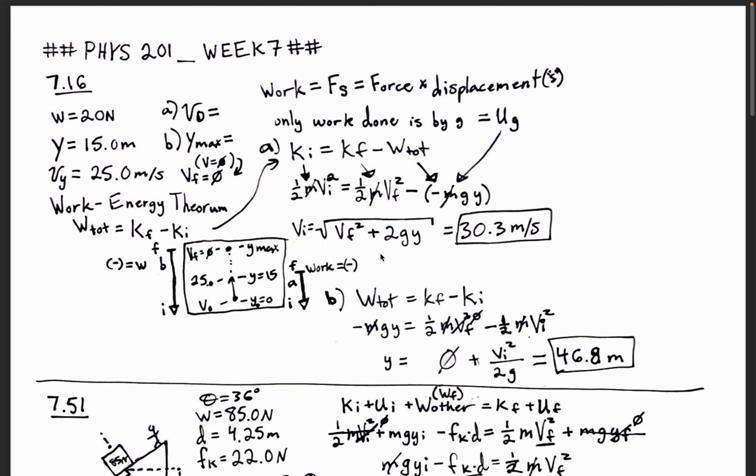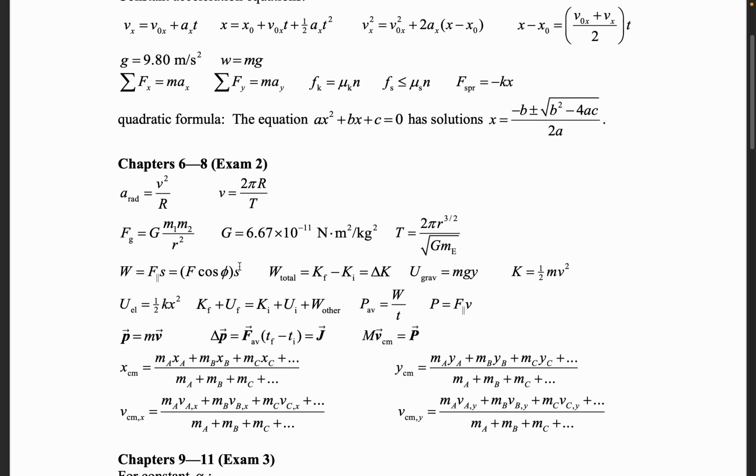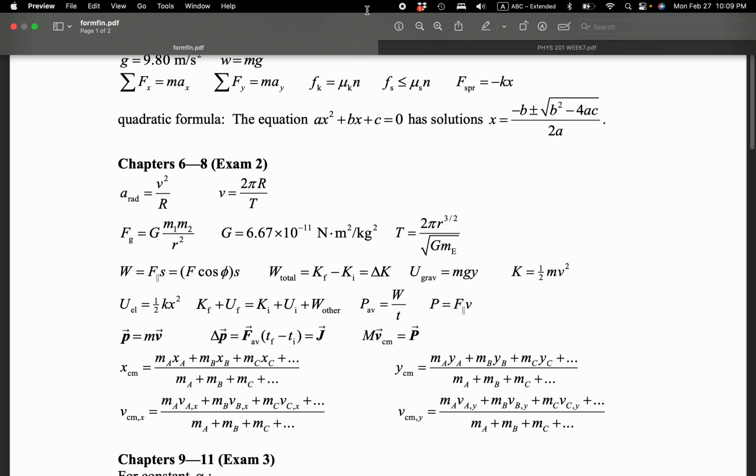So keeping the energy theorem just as it is, we want y by itself, so we do the same thing where we substitute in these sections, and I think I forgot to go over here. You'll see here that K, kinetic energy, is equal to 1/2 mv squared. That will be on your formula sheet, of course, if you can't remember it. Just the same as the potential energy formula is mgy.